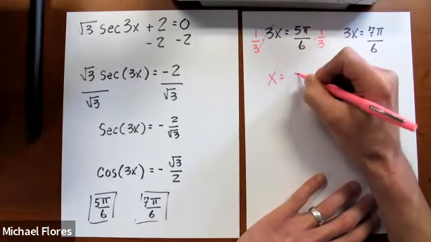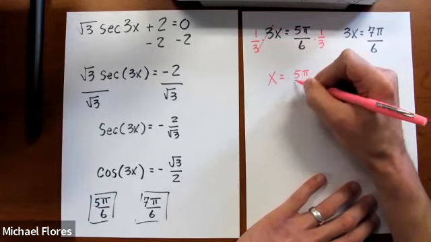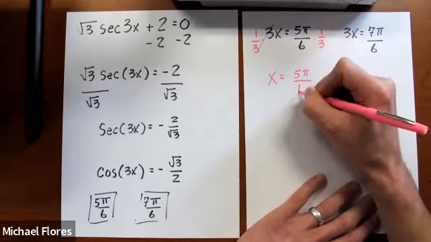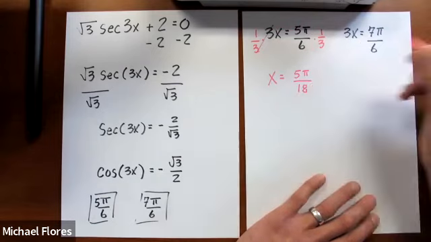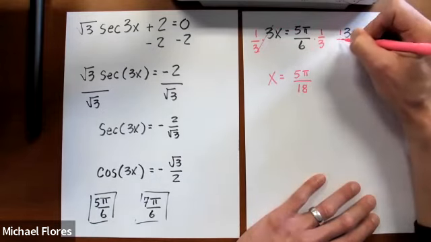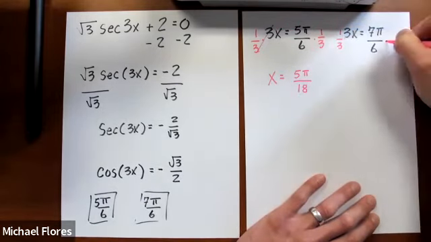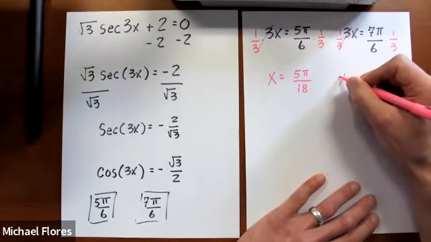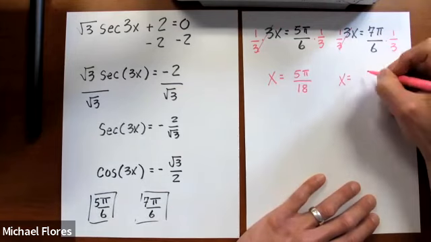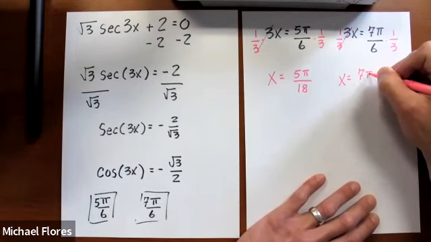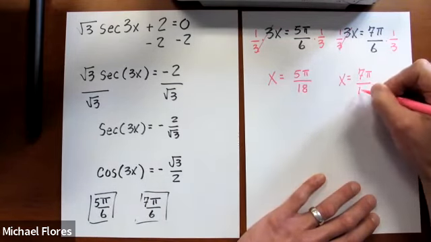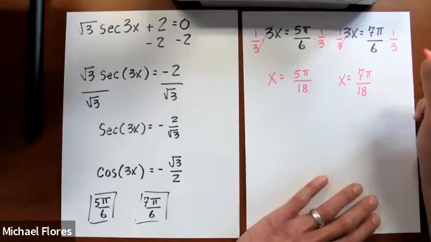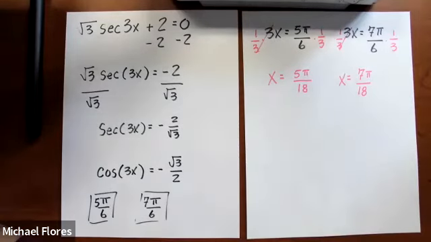Five pi times 1, 6 times 3. Over here, multiply by the reciprocal. Seven pi times 1 over 6 times 3. Those are your two answers.